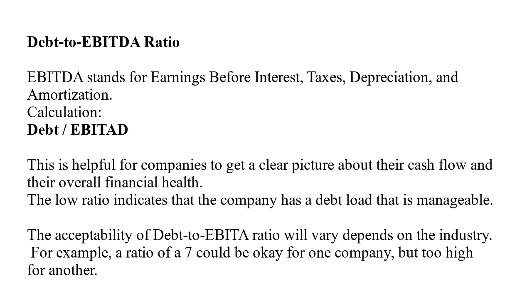A low ratio indicates that the company has a debt load that is manageable. The acceptability of the debt to EBITDA ratio will vary depending on the industry. For example, a ratio of 7 could be okay for one company but too high for another.